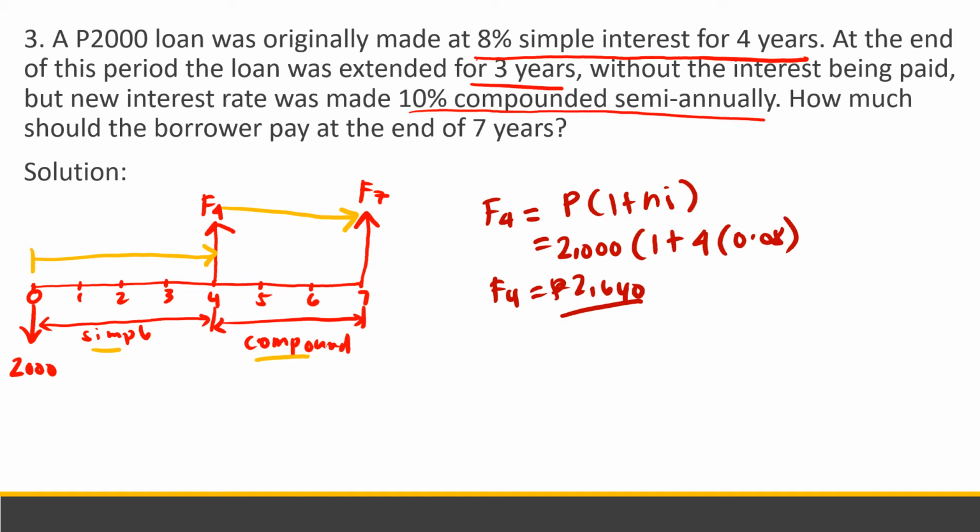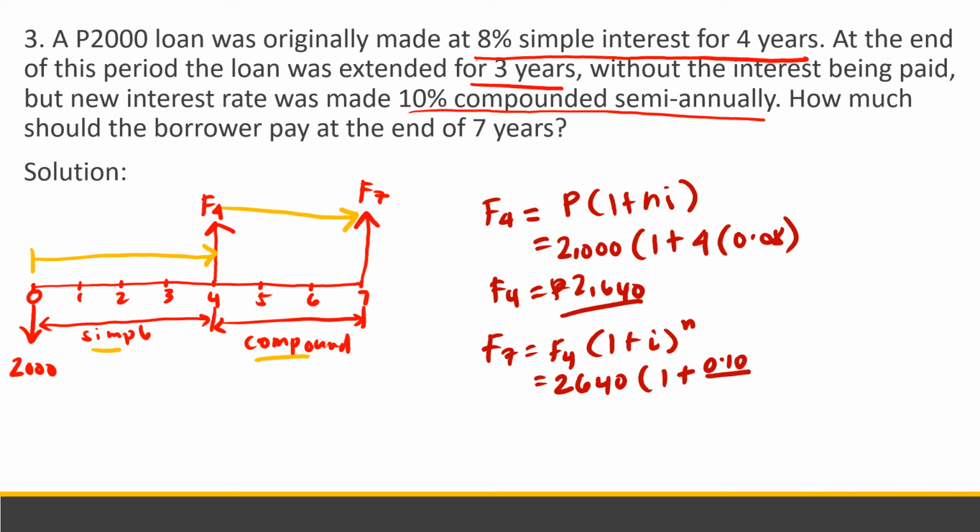But it was extended to 7 years. So F7 is equal to, we will use F4 as the principal with respect to year 4, 1 plus I to the power of N. So this time, our solution is compound. So 2,640 times 1 plus I, which is 10%, 0.10, compounded semi-annually.